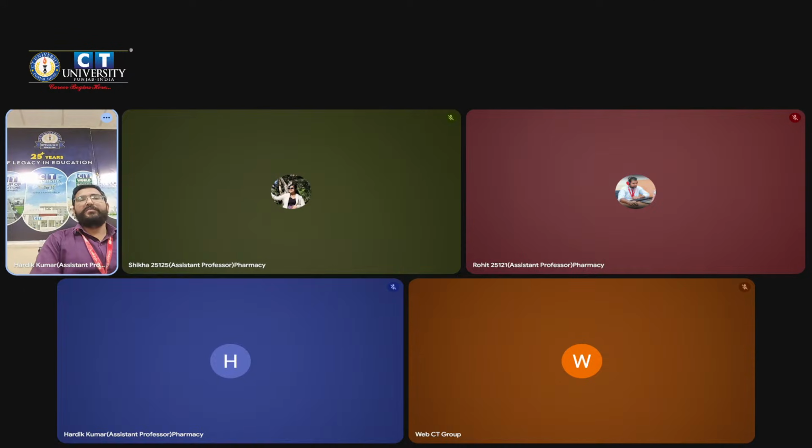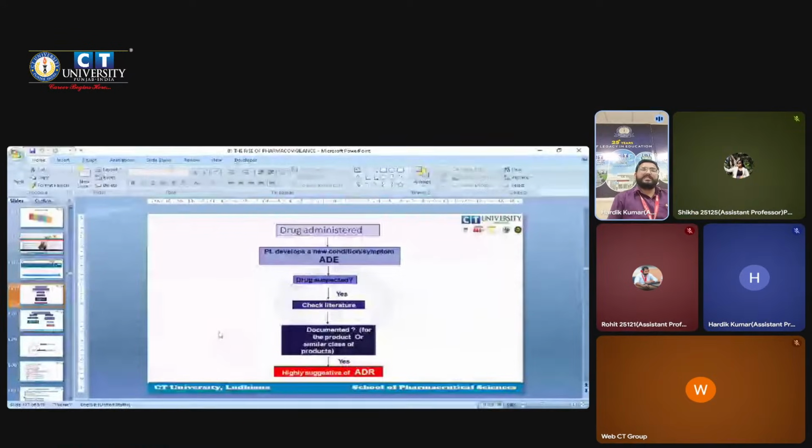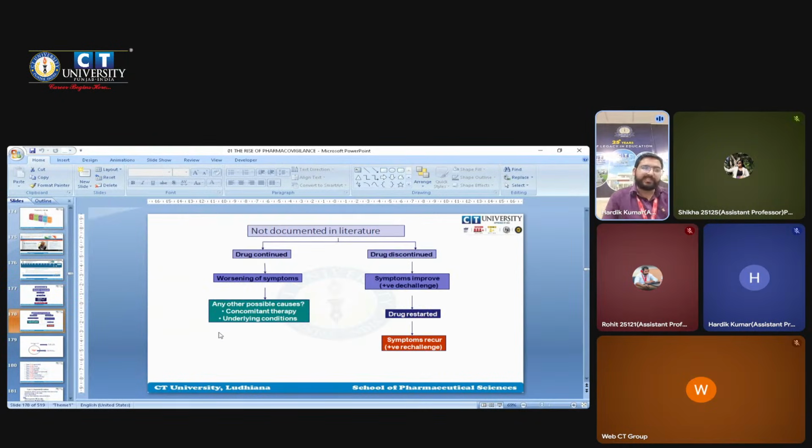Next, if we talk about the procedure: after drug administration, a new condition or symptoms develop, that is an adverse drug event. The drug is suspected; check the literature, documentation, and whether it is highly suggestive of ADRs. In another flowchart, if it is not documented in the literature, the drug is to be continued or discontinued.